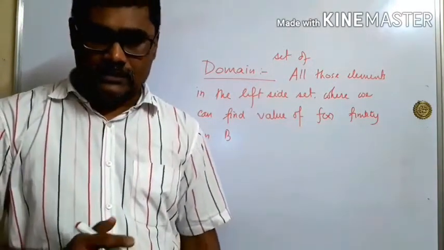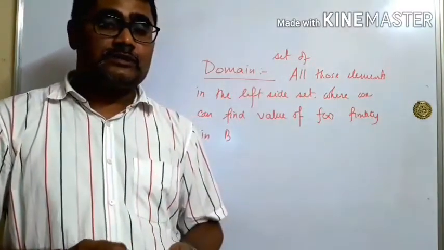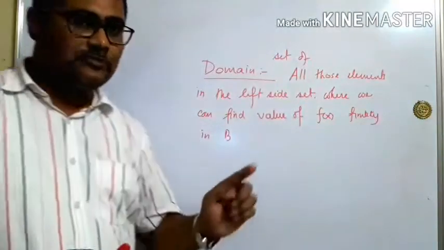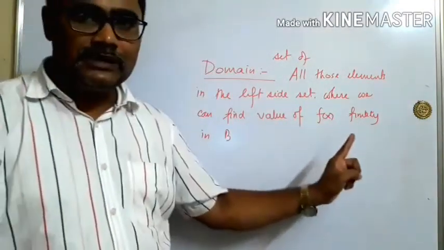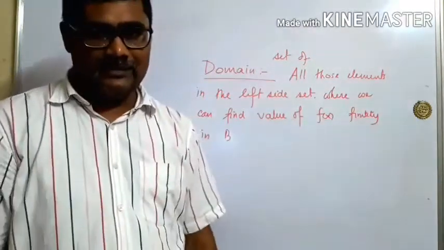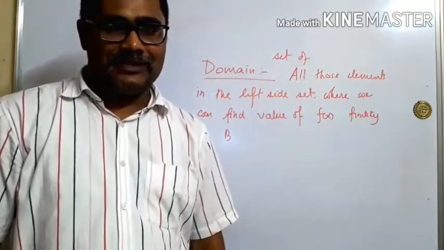B is the right hand side set. So sometimes what happens, if B is the complete real numbers and we find some value of x where f(x) I am unable to find finitely, so that x will not belong to the domain, right?